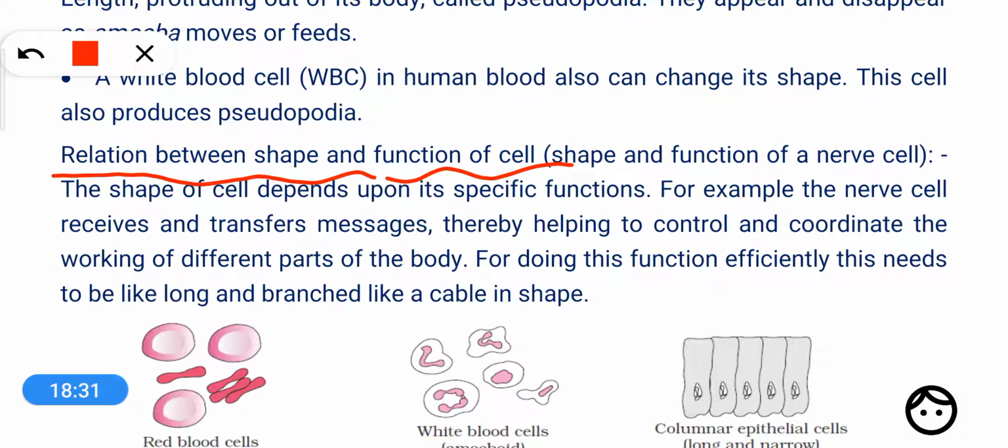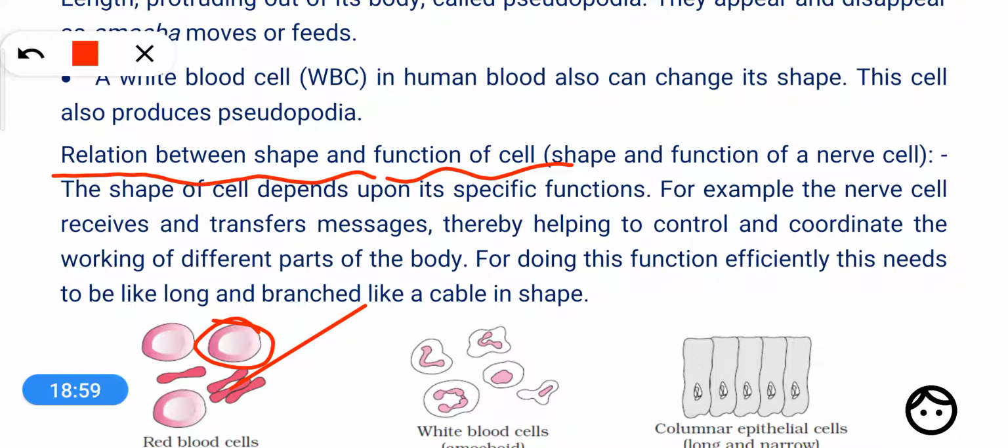The cell has a shape which is suitable for its function. It means the type of function determines what type of shape the cell will have. For example, RBCs have a biconcave disc-like shape, with depressions from both the upper and lower side, right?